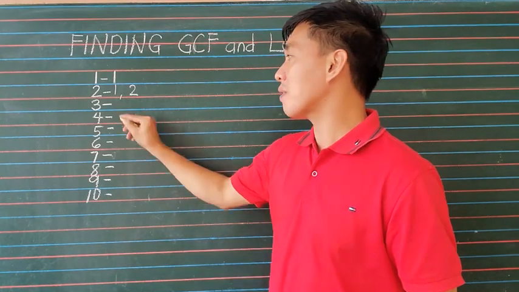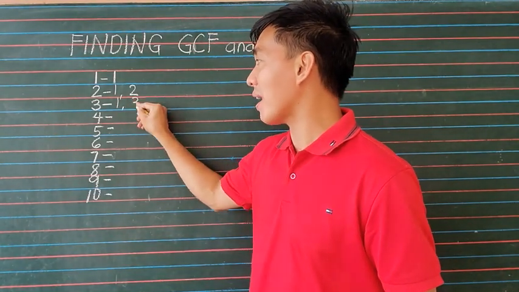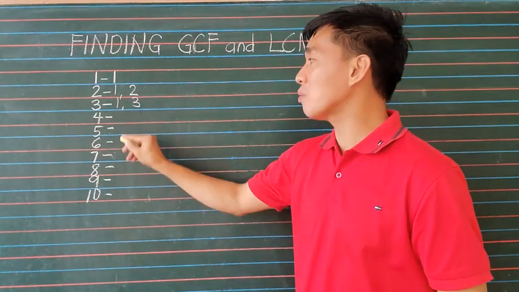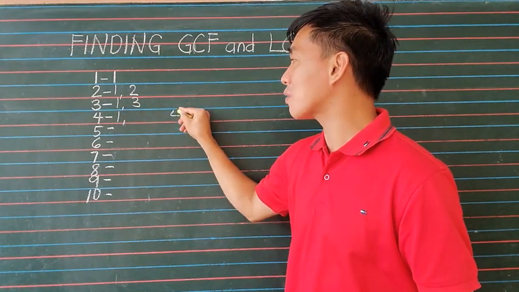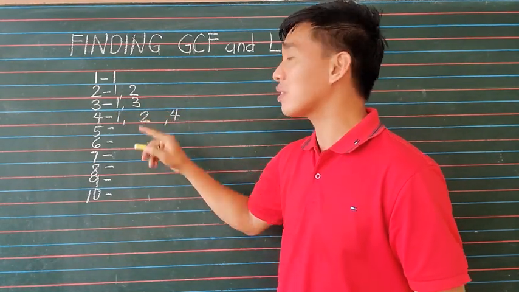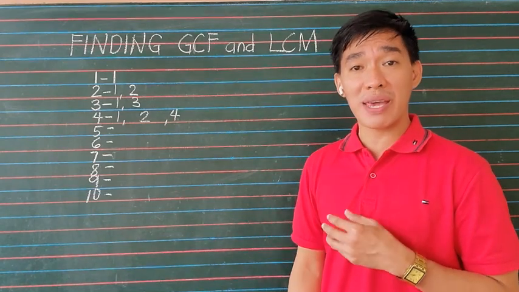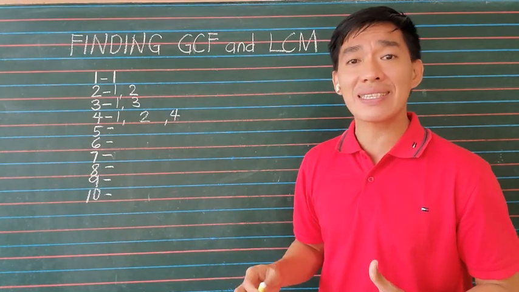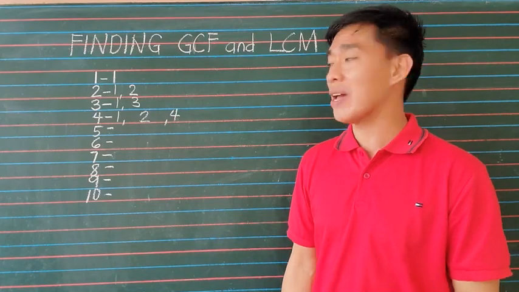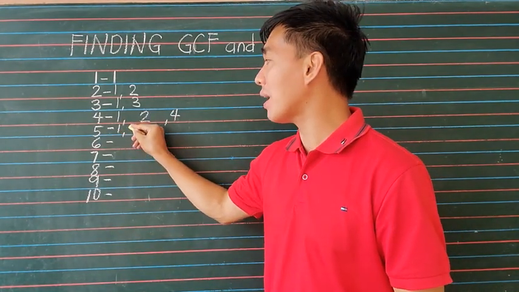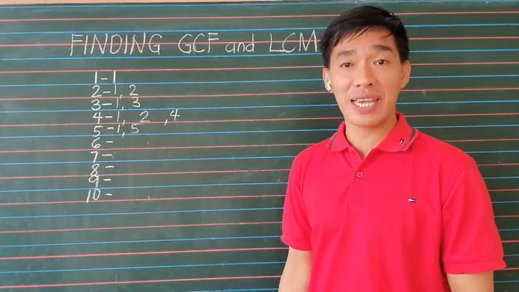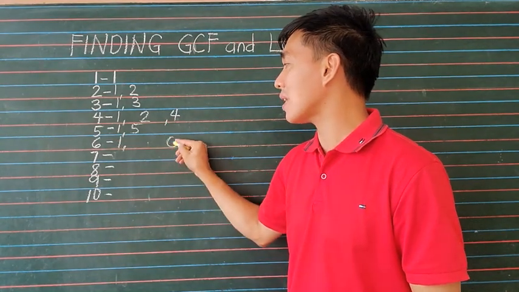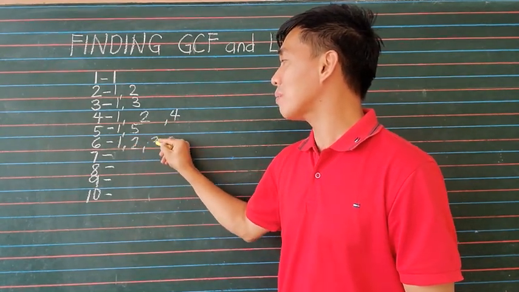For 3, the factors of 3 are 1 and 3. For 4, we could multiply 1 times 4, and of course, 2 times 2. Because 2 is being repeated, we could just list down one number 2. And for 5, that's 1 and 5. For 6, that's 1 times 6 and 2 times 3.